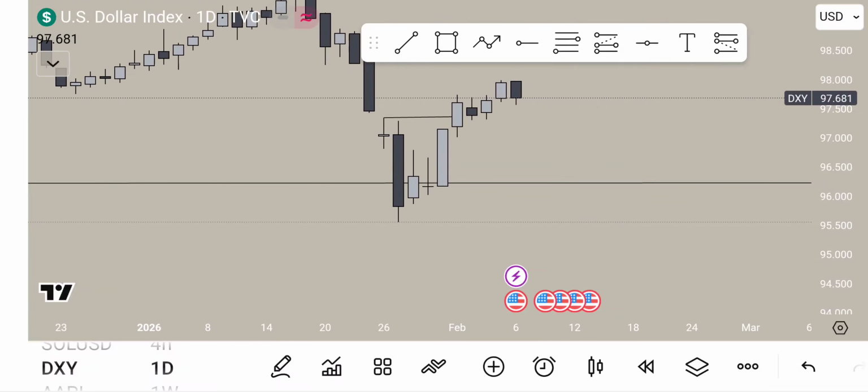This is the daily candle, this long bearish candle that swept liquidity in the weekly and in the monthly.